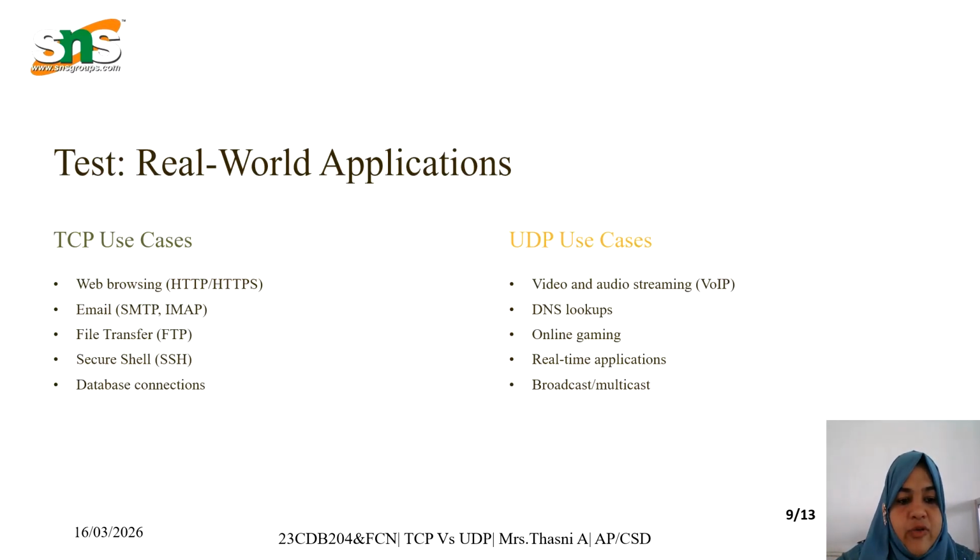Here, we are going to look at real-world applications for TCP and UDP use cases. In the TCP use case, we can see web browsing, email, file transfer, secure shell, and database connections. Web browsing is HTTPS, email is SMTP and IMAP, file transfer is FTP, and secure shell is SSH.